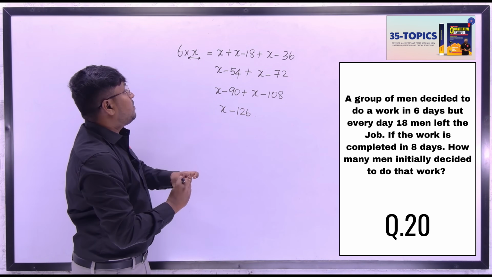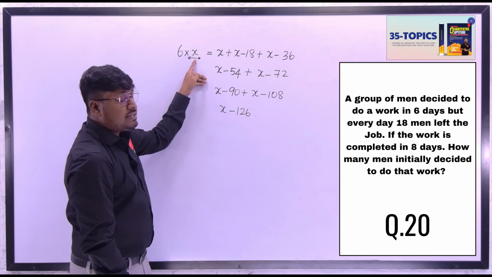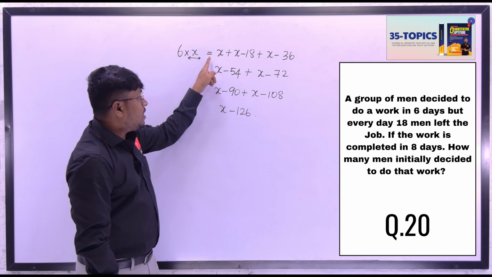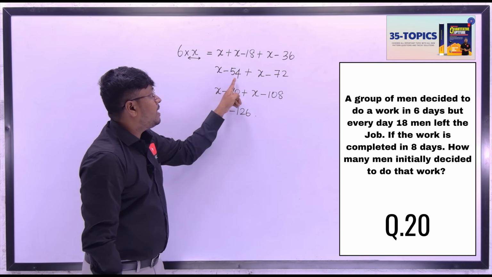Because the total work will be completed in 6 days and the total men employed is unknown, 6 into X equals the total work. Every day 18 people are leaving the job.